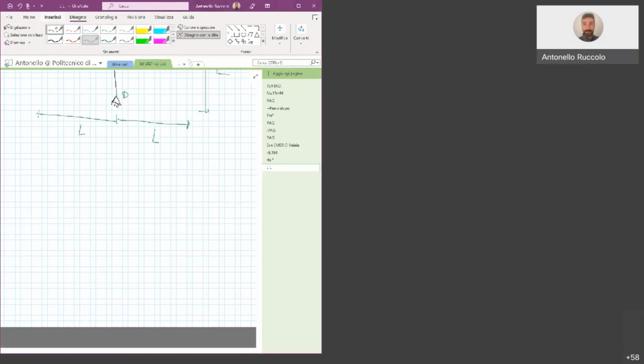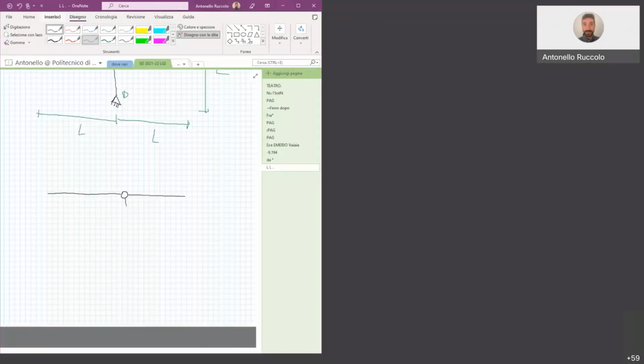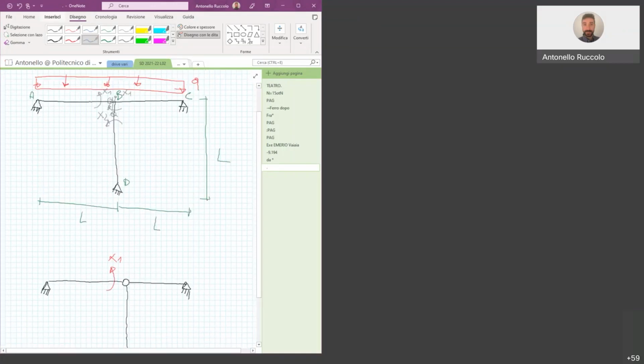We can write again the structure. It can be simplified like this. X1 is applied only on the beam AB. Do you agree?